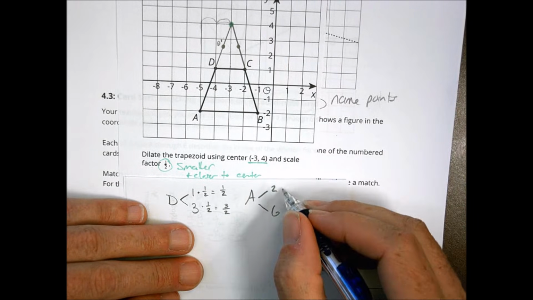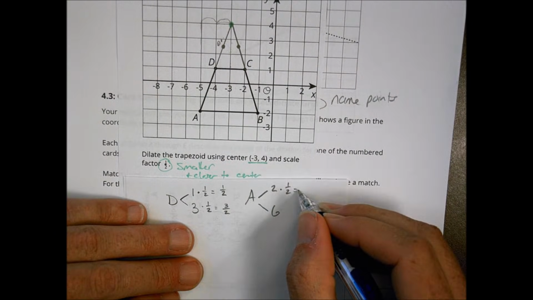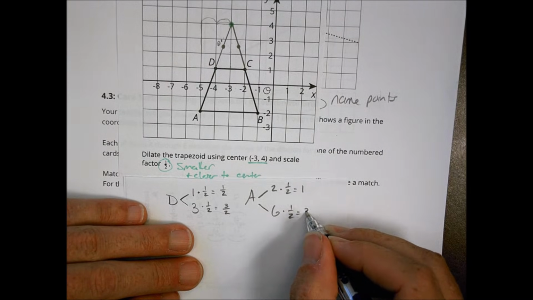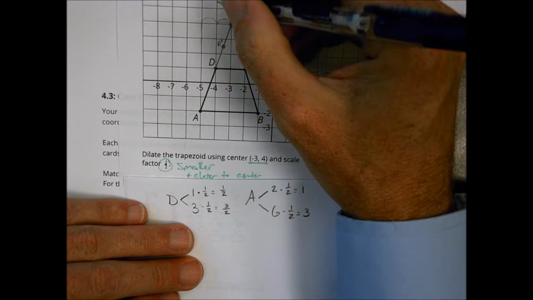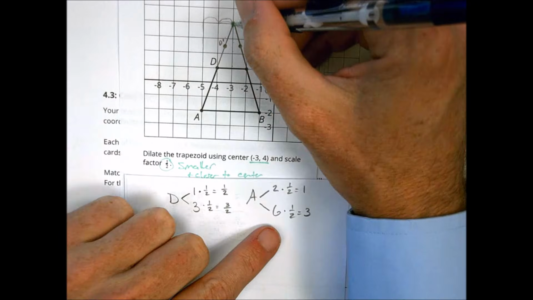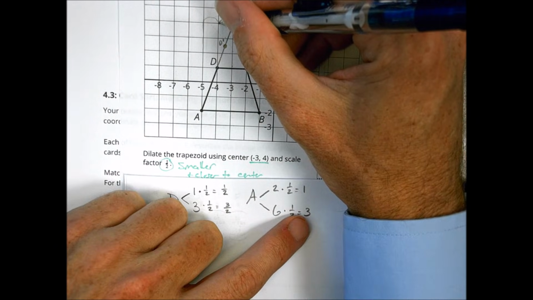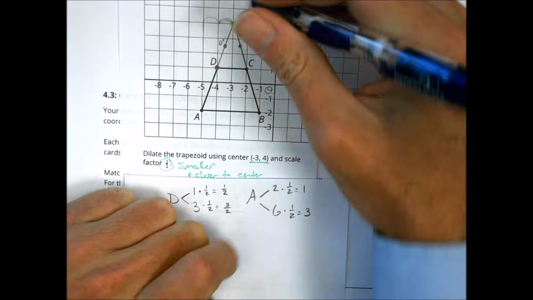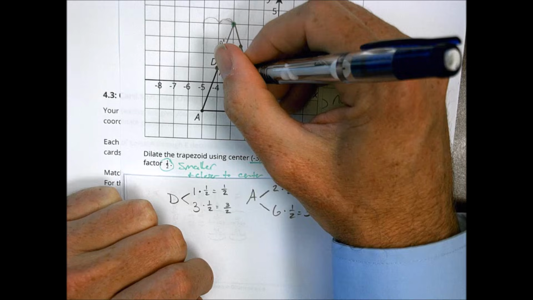So I multiply 2 times 1/2 and you get 1. I multiply 6 by 1/2 and we get 3. So that tells me for A, I'm going to go over 1 and I'm going to go down 3. 1, 2, 3. And I'm going to land right there, and this would be point A prime.